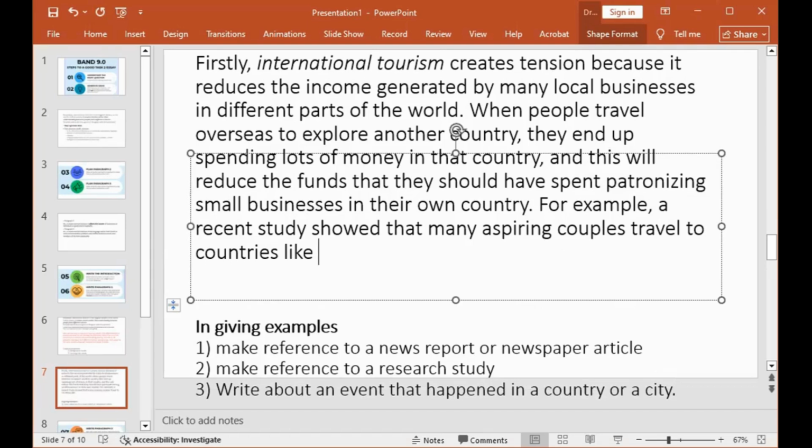Give me one. South Africa. South Africa for their honeymoon.